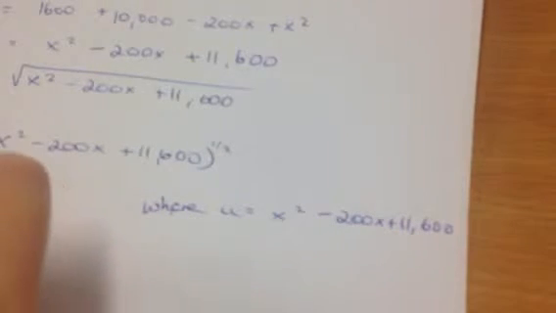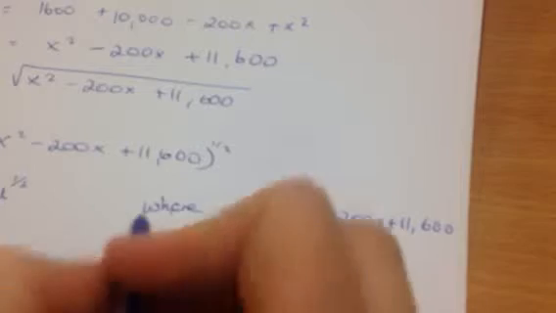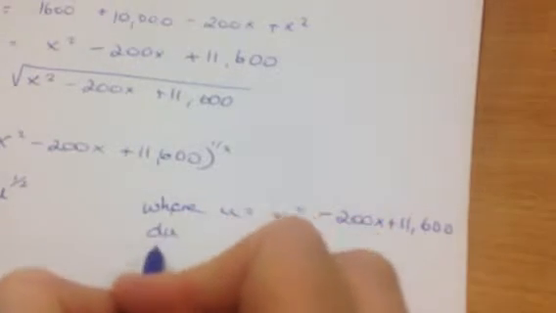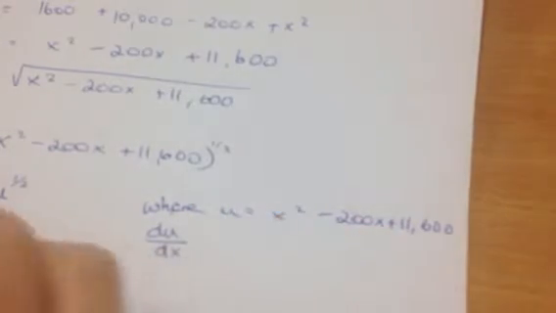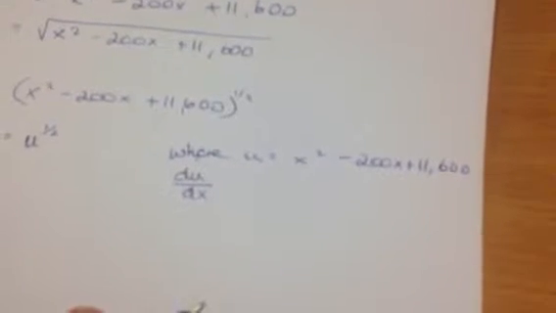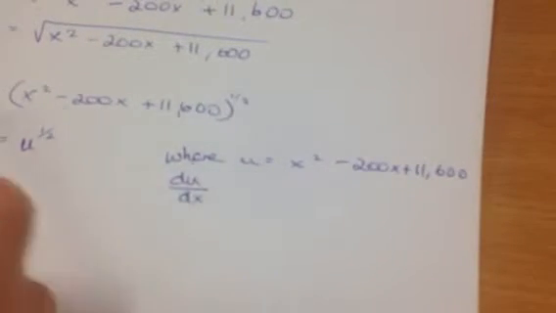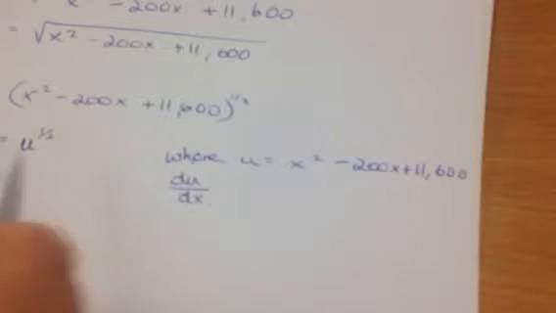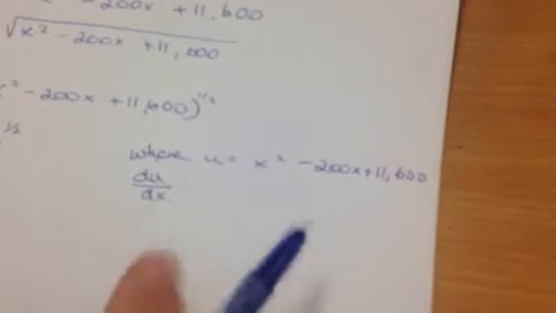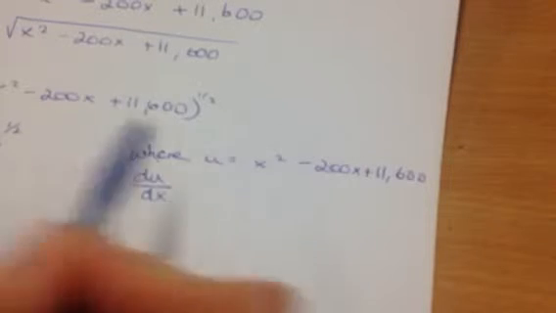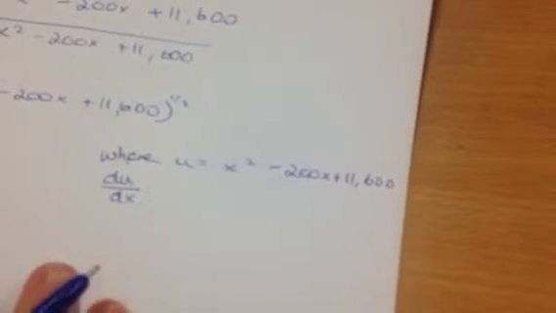If I get ds du and multiply it by du dx, I'll get ds dx, which is what they asked me for. So this is actually good practice now that they've used different letters as to what I'm differentiating in terms of. So I'm going to use the chain rule. So I'm going to differentiate this, and multiply it together.